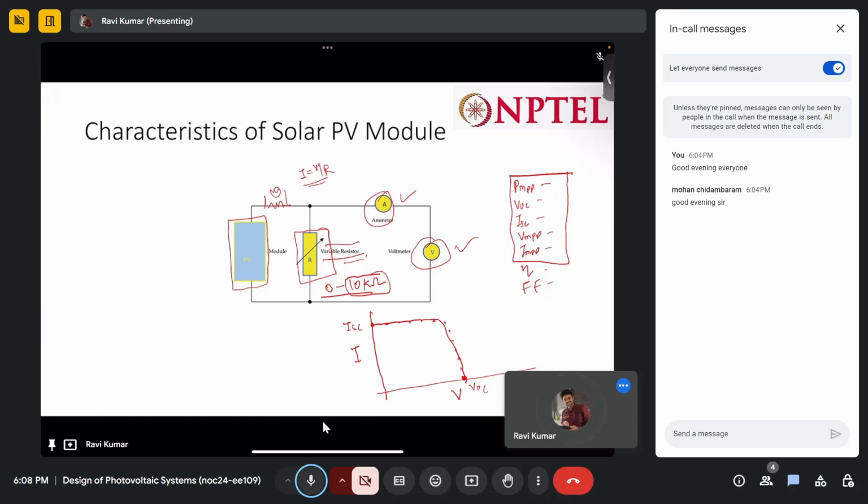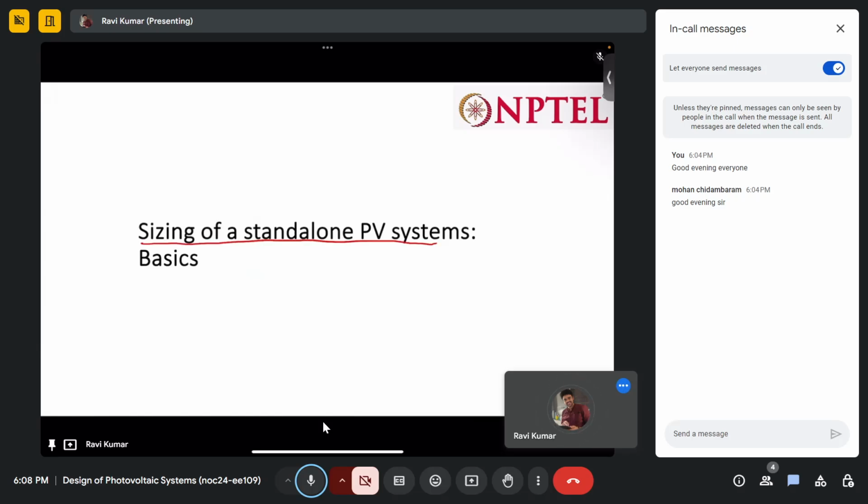Now we will move to the sizing of a standalone PV system. In this part, let's say we have a home with some instruments inside it, and we want to put a solar PV to run this home or to supply the electricity, and it is standalone.